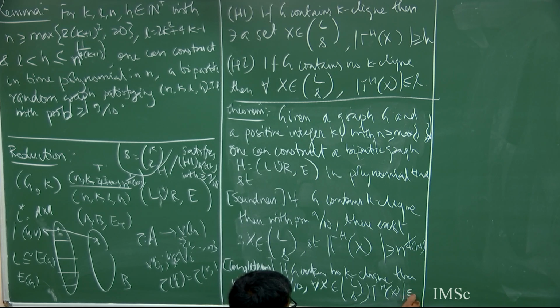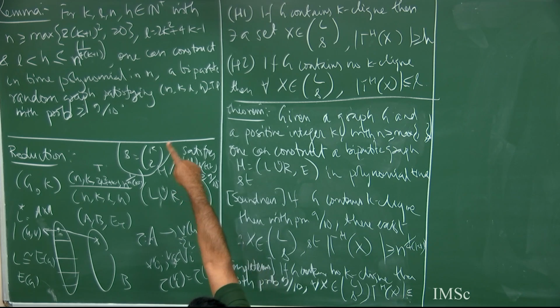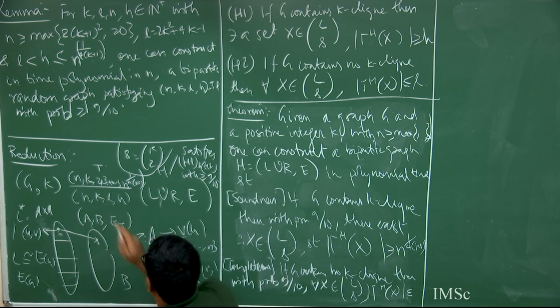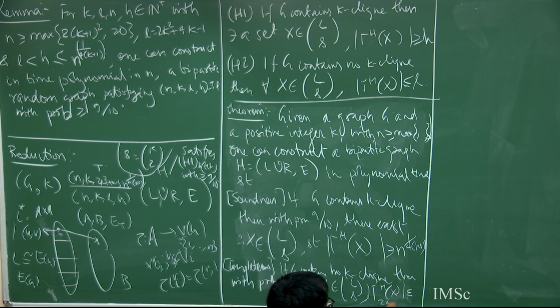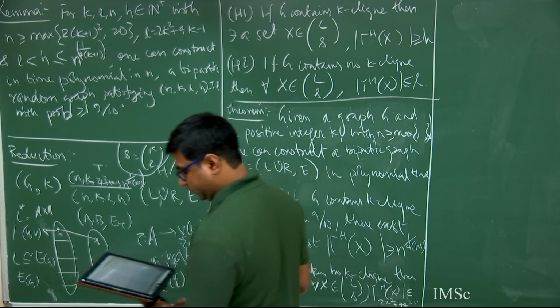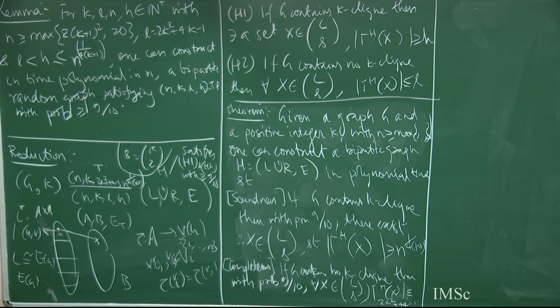It is less than or equal to whatever that number is. What did you apply with? Here, L is 2k² plus 4k minus 1, fine. So this is what we can prove.